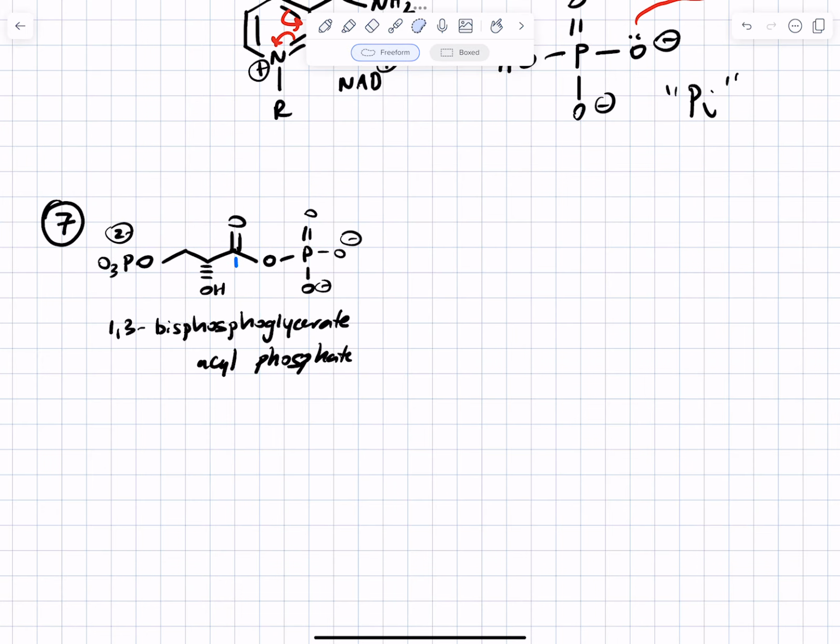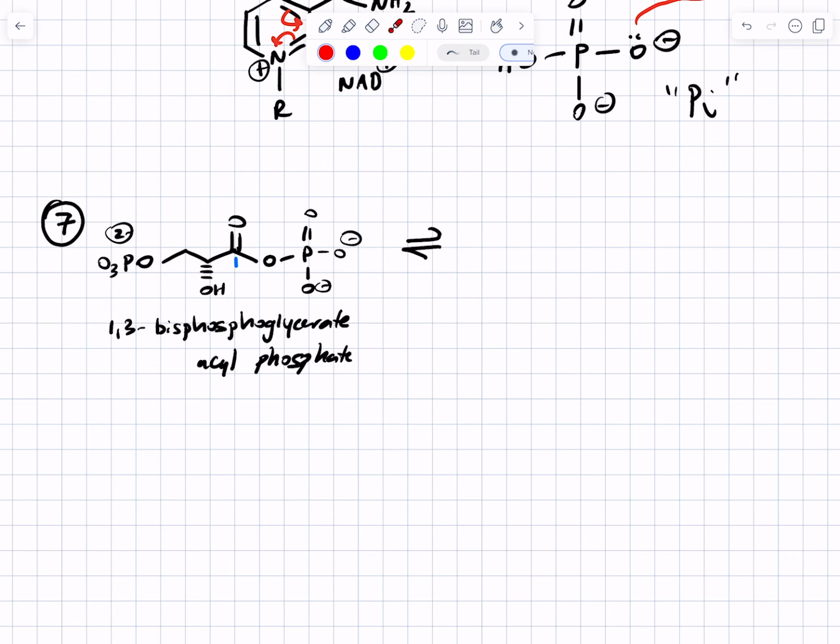So here's 1,3-bisphosphoglycerate. And this is the beauty of glycolysis. This step is totally reversible. We're going to generate ATP, and it's totally fine. And the reason why is we're going to be converting an acyl phosphate into a phosphoanhydride. That's 2 level 1 reactivity carbonyl type molecules.